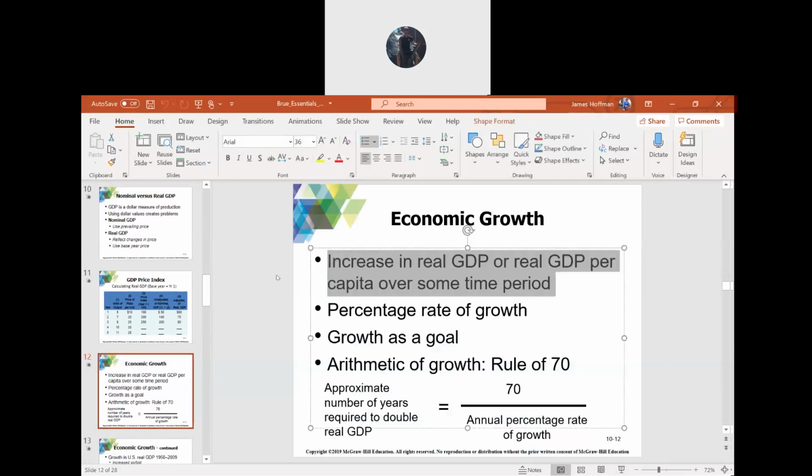An increase in real GDP or real GDP per capita, which I'll define in a second, over some period of time is economic growth. And if you have a decline, that's negative economic growth. When you're looking at growth, it's always in percent terms, like 1% or negative half a percent. So the percent change is the growth or the non-growth.